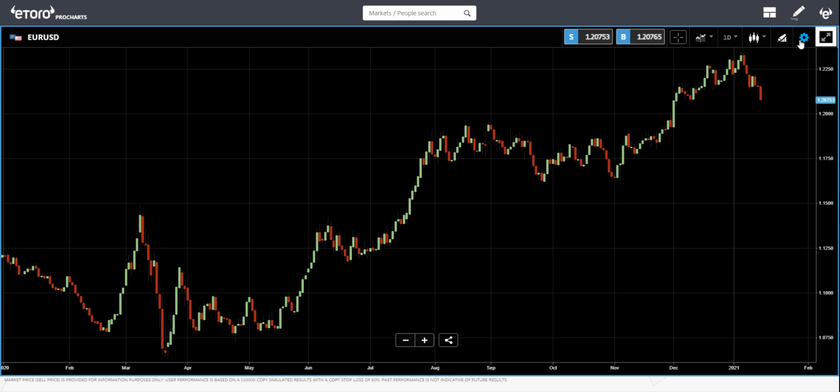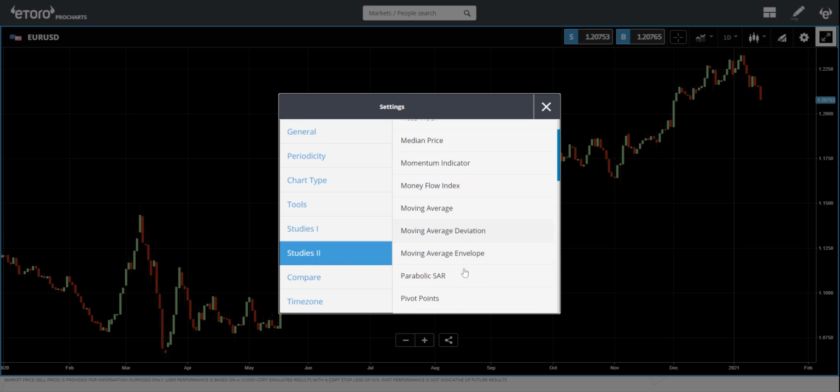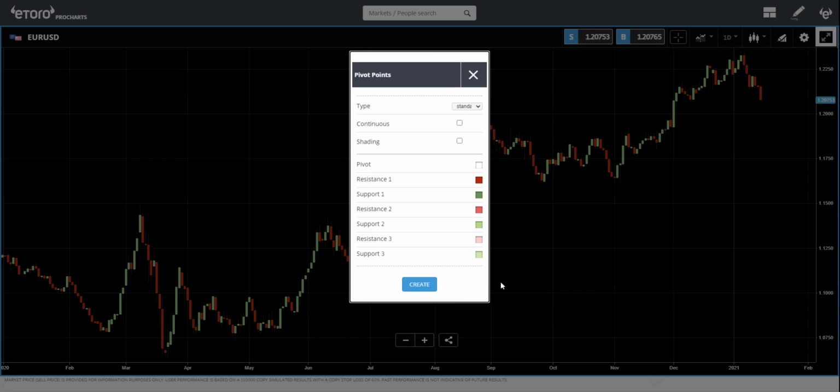Okay. Let me add the indicator. If you're using eToro charts, just go to Study Tools, and you can find pivot points here. We have two different types of pivot points, standard and Fibonacci.